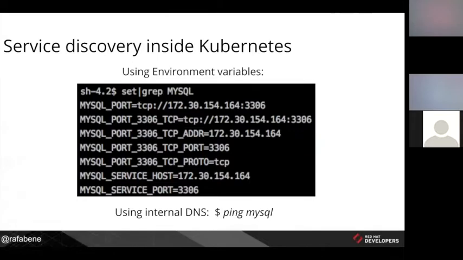Since Kubernetes has internal DNS, suppose you create a MySQL service. You can do a ping MySQL that will return the cluster IP address for that service. And also, every other container that's created afterwards will receive an environment variable that will have the IP and the port of the service that's being exposed. So you receive that for free.